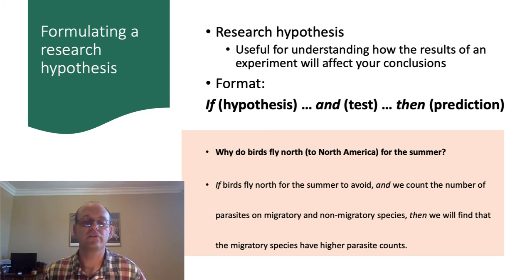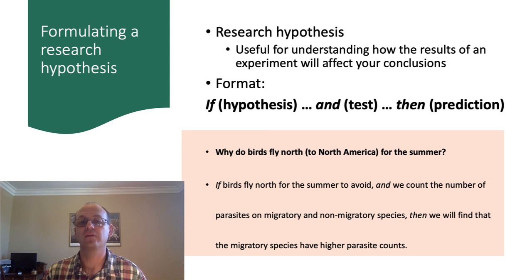Note that this might not be the only explanation for why birds migrate. It's possible that birds migrate because there's more food in North America during the summer than they would find in South America. So it's entirely possible that more than one hypothesis may be true.